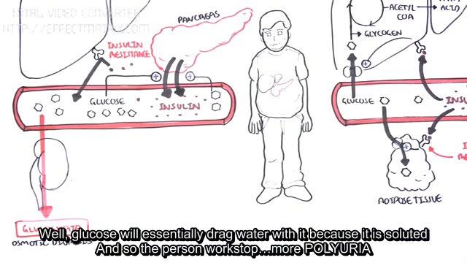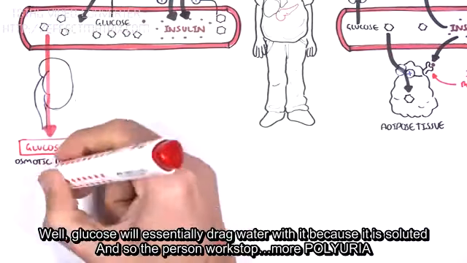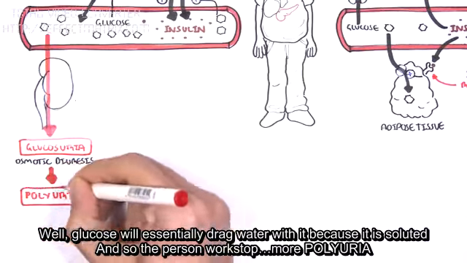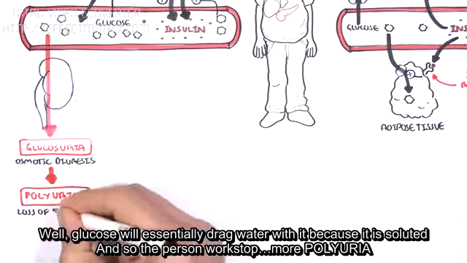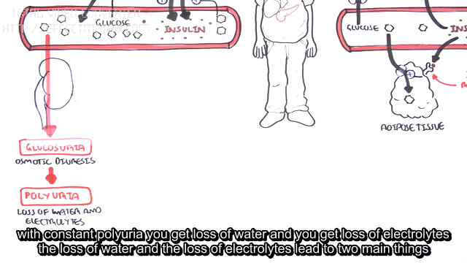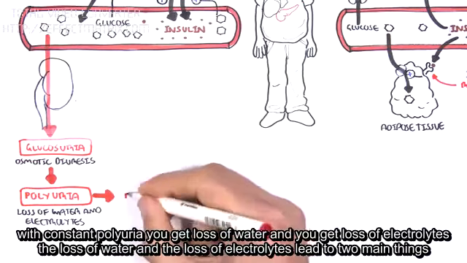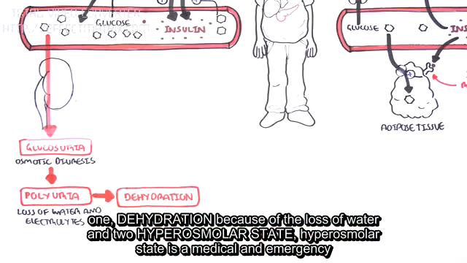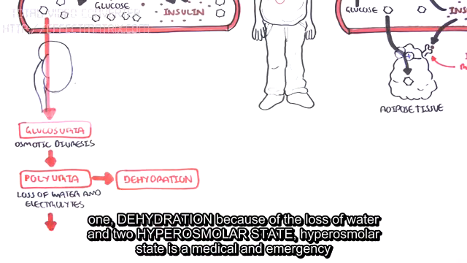Well, glucose will essentially drag water with it because it is a solute. And so the person will start peeing more, polyuria. With constant polyuria, you get loss of water and you get loss of electrolytes. The loss of water and the loss of electrolytes leads to two main things. One, dehydration because of the loss of water, and two, hyperosmolar state.